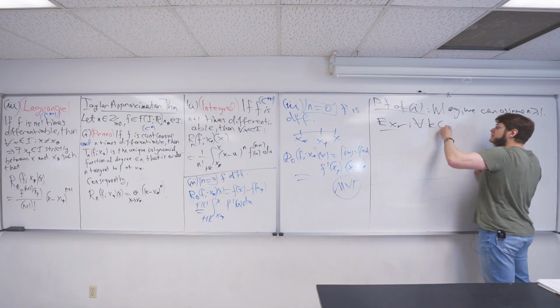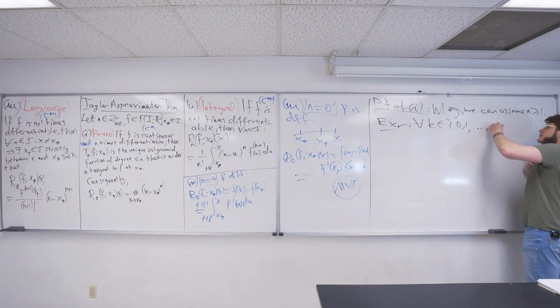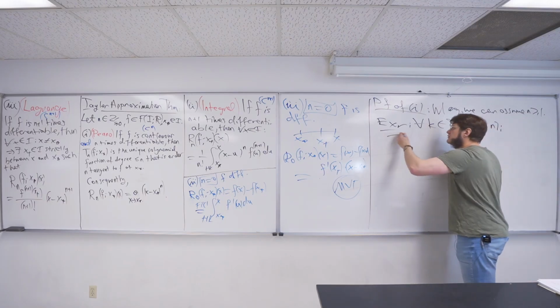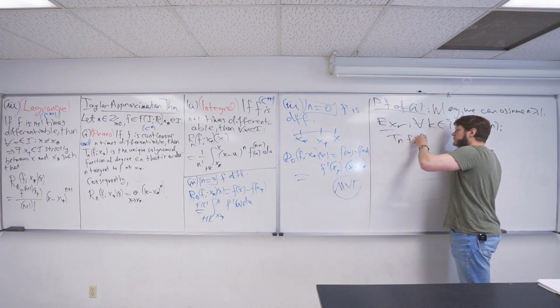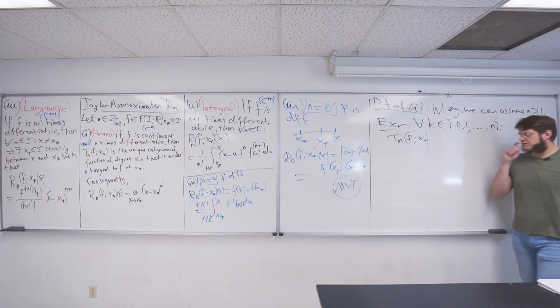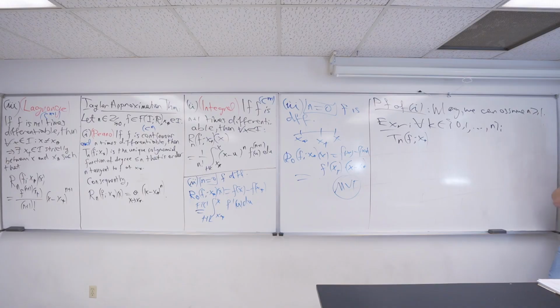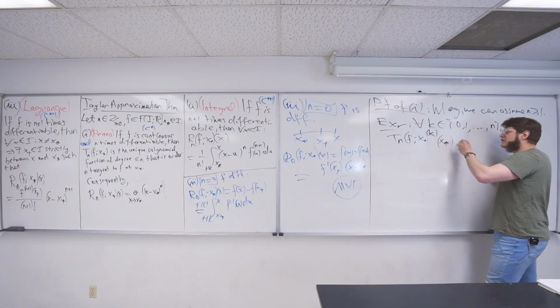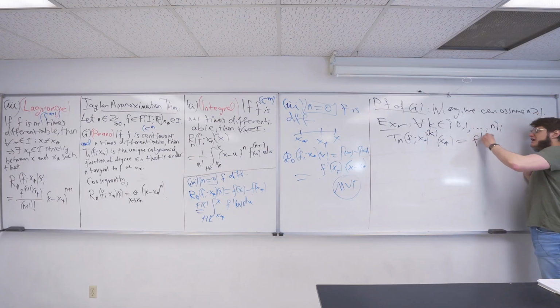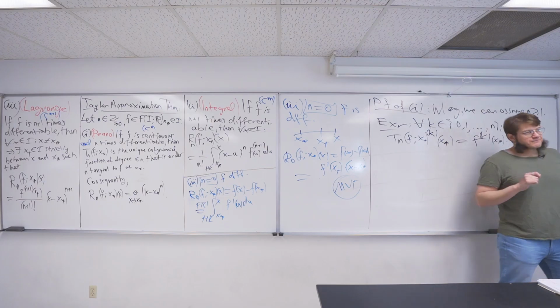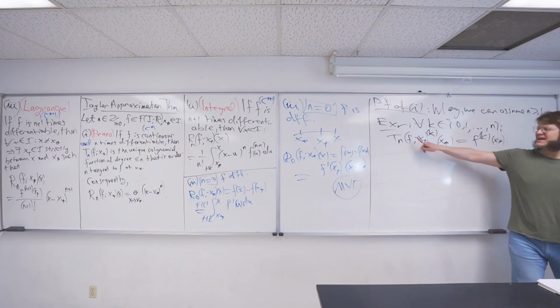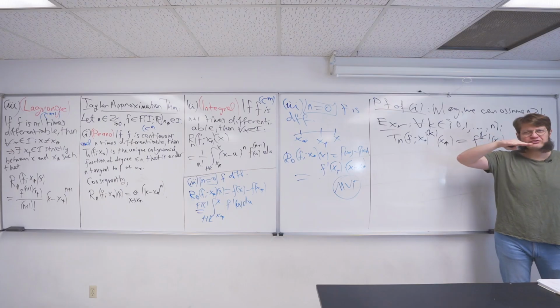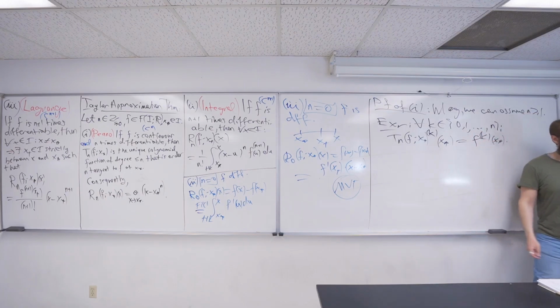For any k between 0 and n, if I were to take the nth Taylor polynomial at x star, differentiate it k times, and then evaluate this at x star, I'm just going to get the kth derivative of f evaluated at x star. This is essentially the reason why in the Taylor polynomial we have those factorials in the denominator. If we didn't put those there, this wouldn't match up.